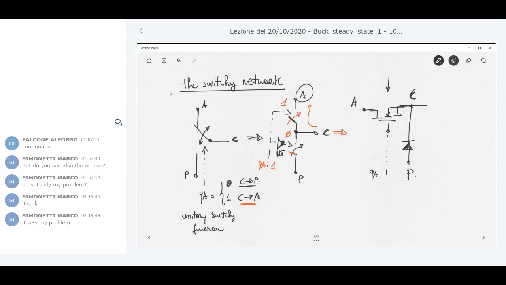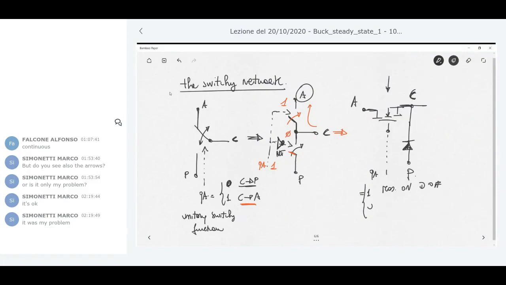So again, I can have here QA, which is 1 or 0. We can see in a few moments that when QA is 1, the switch is on, so the MOSFET is on, and the diode will be off.